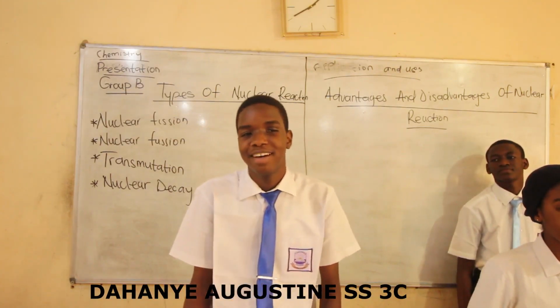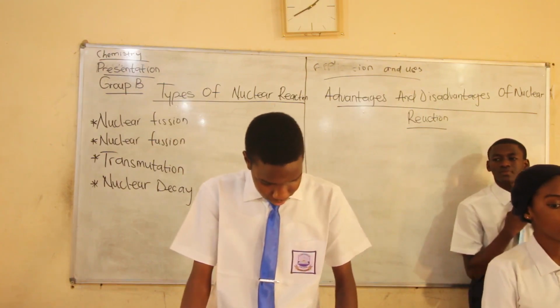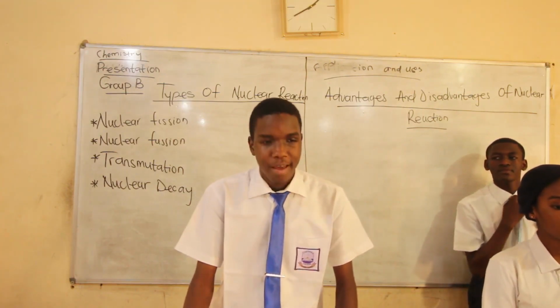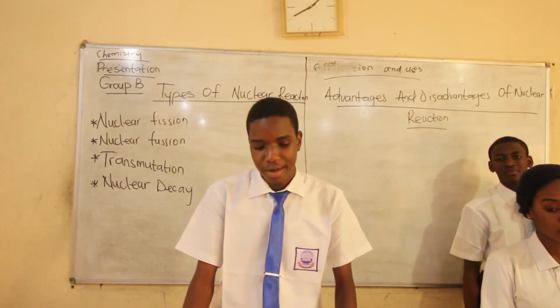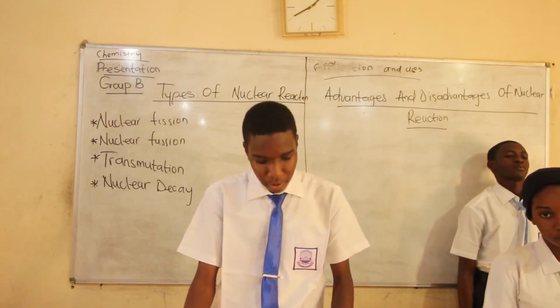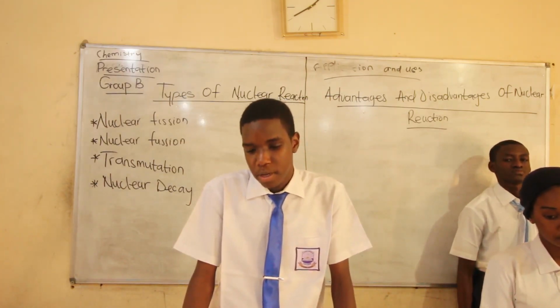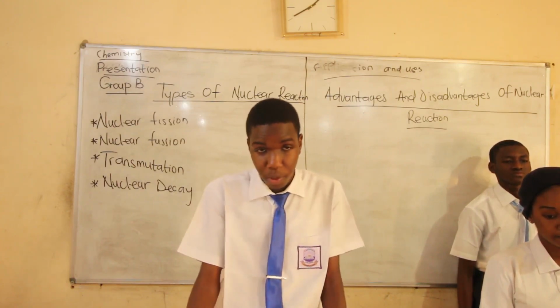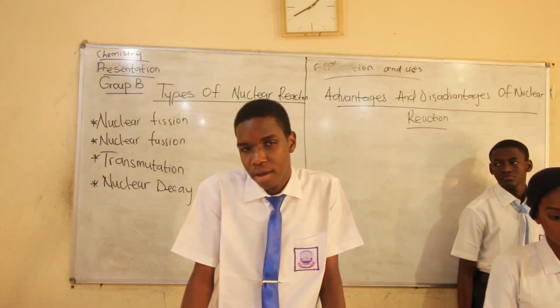My name is Nanyo Augustine, and I'm here to talk about the disadvantages of nuclear reactions. Nuclear reactions have a lot of hazardous effects on human beings and other animals, like the use of atomic bombs, hydrogen bombs, and neutron bombs in warfare.